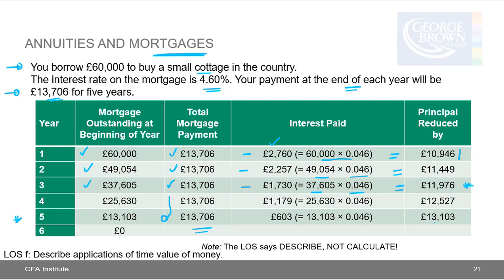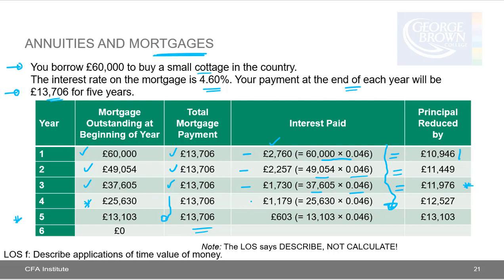So I don't need to finish the next 2 rows, but there's a couple of things that you can see that are happening here that are very important to notice. Number 1, you can see that in each successive year, the interest payments are decreasing in amount. Why? Because the loan is being paid back and the interest is being calculated on the mortgage outstanding at the beginning of the year.